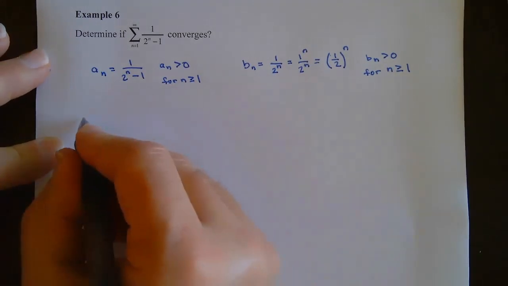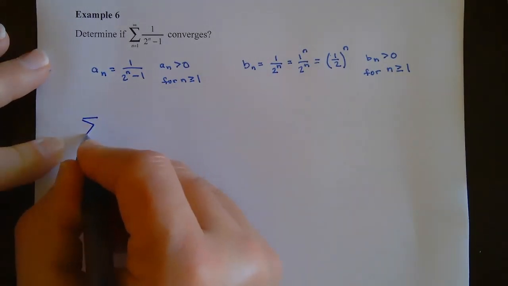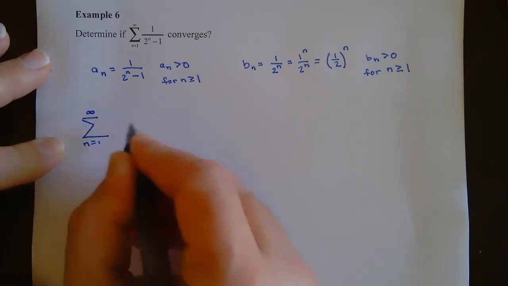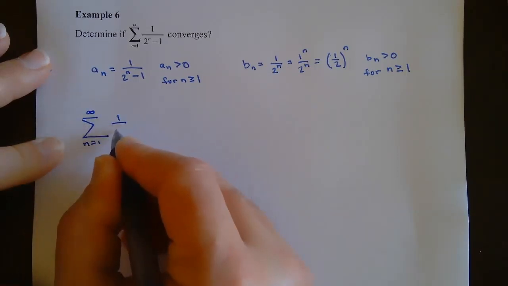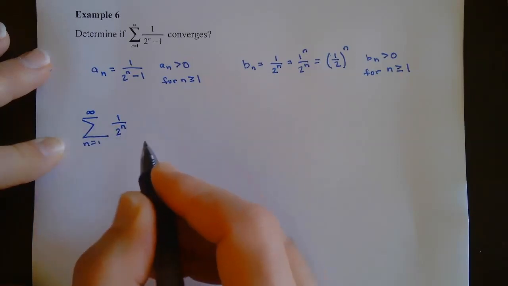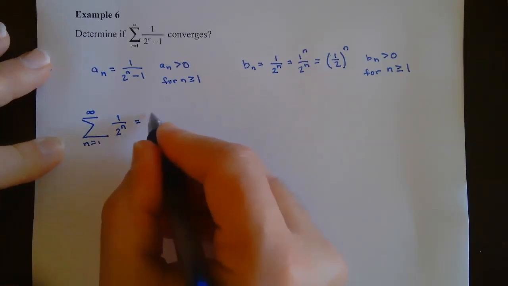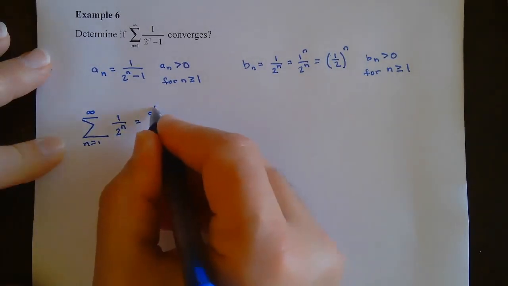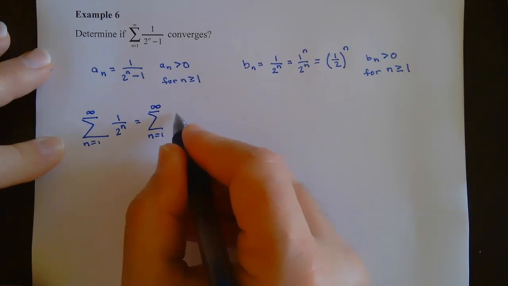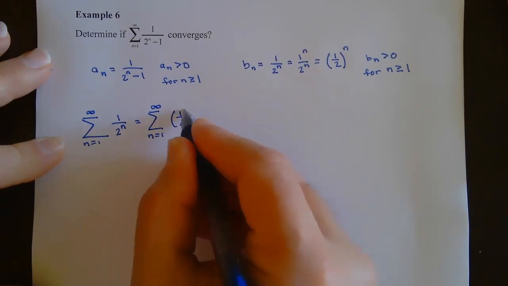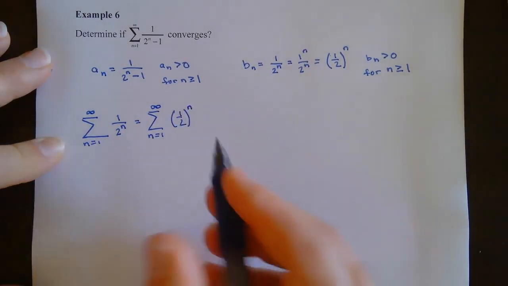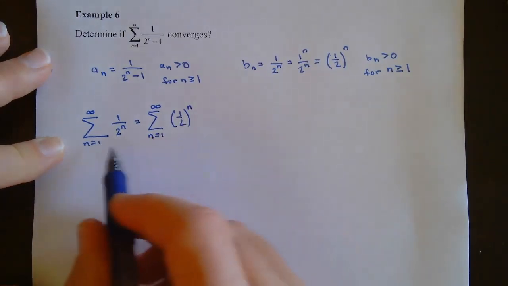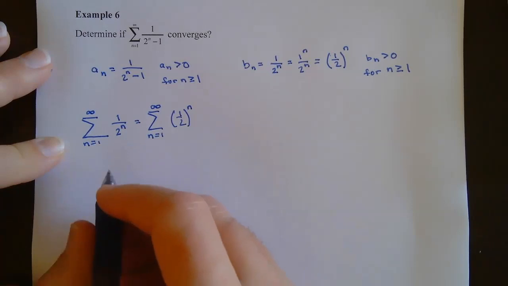The sum from n equals 1 to infinity of 1 over 2 to the n is equivalent to the sum of 1 over 2 to the n, and we know it's a geometric series.